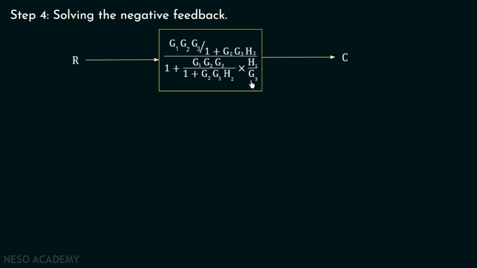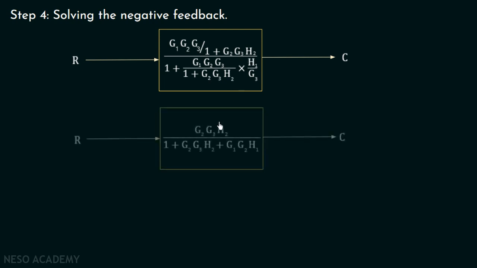Now we can see that this G3 in the denominator and this G3 in the numerator will get cancelled, and after that if we take the LCM, then this denominator term 1 plus G2 G3 H2 will get cancelled with this term 1 plus G2 G3 H2, and we will have the overall transfer function as G1 G2 G3 over 1 plus G2 G3 H2 plus G1 G2 H1.